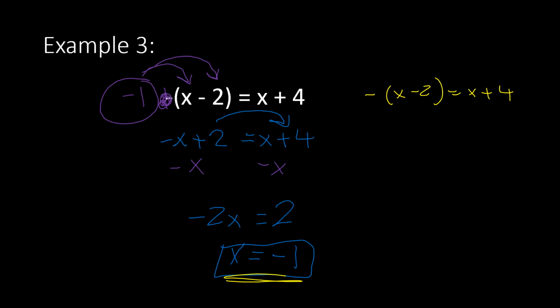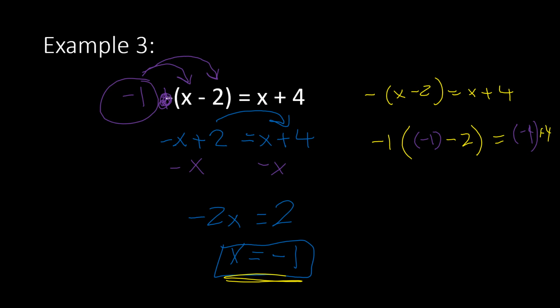You can substitute it inside of the equation. So we can write negative 1 on the outside, and we substitute it with negative 1 minus 2 equals negative 1 plus 4.